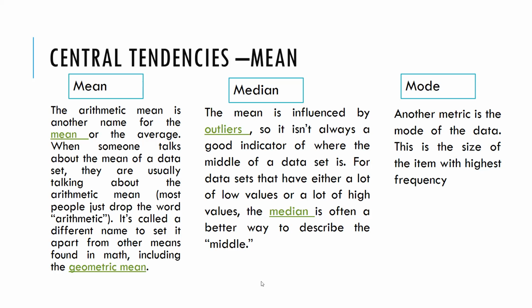So can you guess, why do we need 3 measures of central tendency? Why not 1?